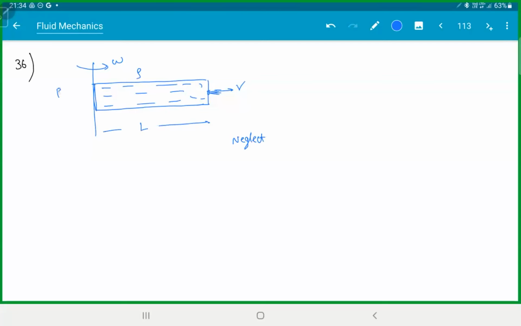So basically here the pressure is P0. Find V. So we have a test tube which is rotating with omega, and suddenly there's a small hole at the bottom there. The liquid will start splashing out. Find the speed with which the liquid comes out.